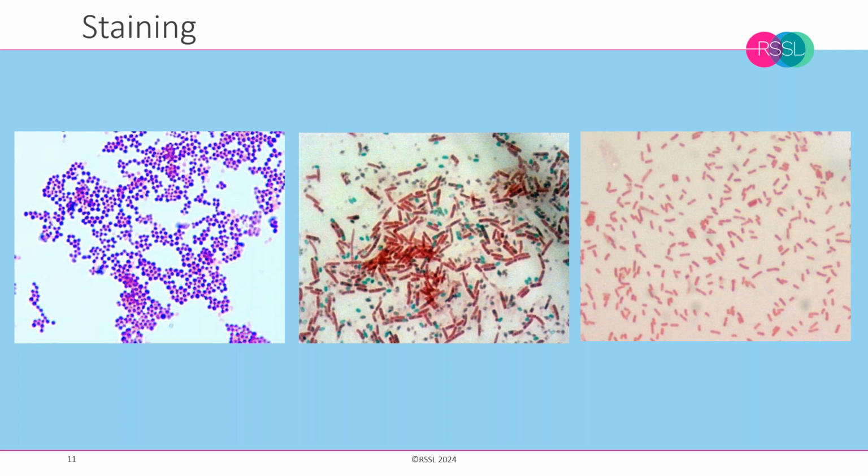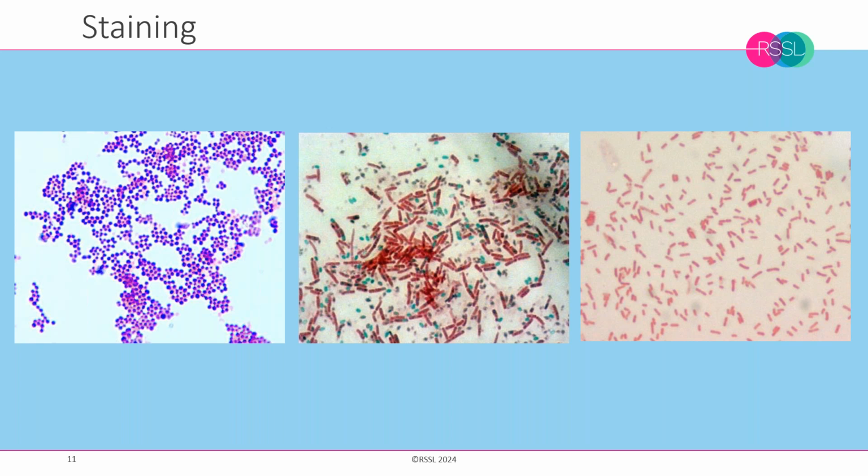So what we have on the screen, if you're unfamiliar with these, the first slide on the left-hand side is a gram-positive stain. Happens to be a coccoidal shaped organism.